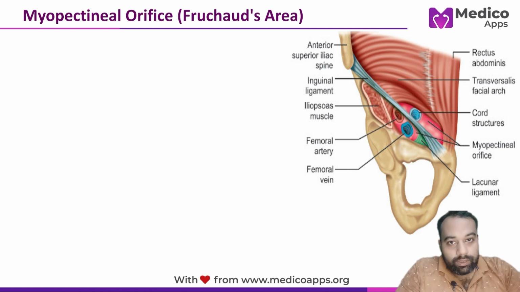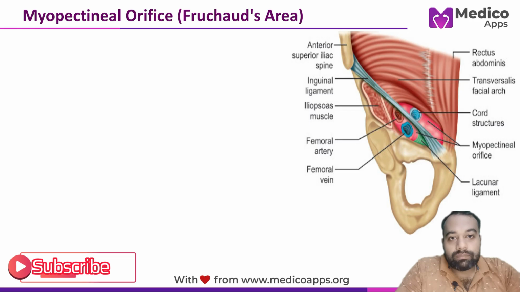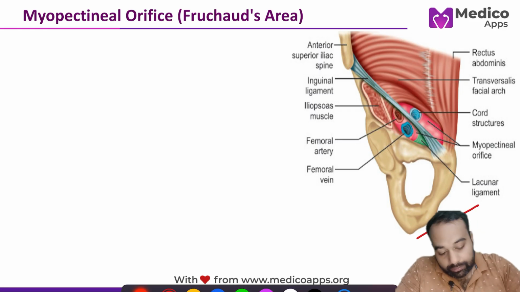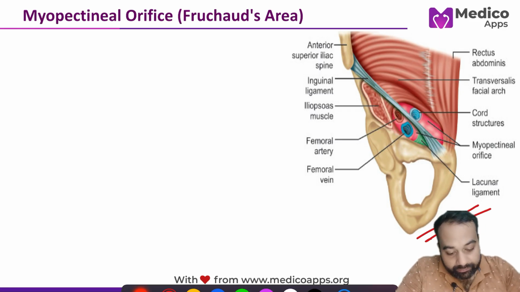So if we take care of this orifice while doing a laparoscopic hernia surgery, we can take care of all three hernias, right? So this is why the myopectineal orifice of Fruchaud is so important clinically, right? You can see that there is an image given.